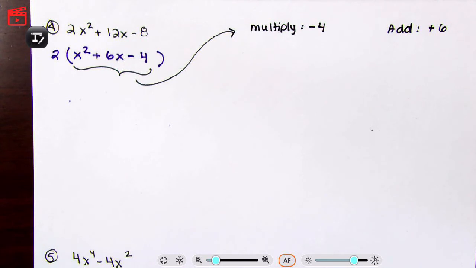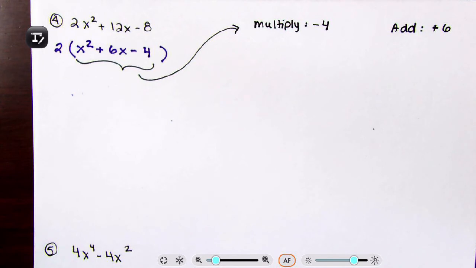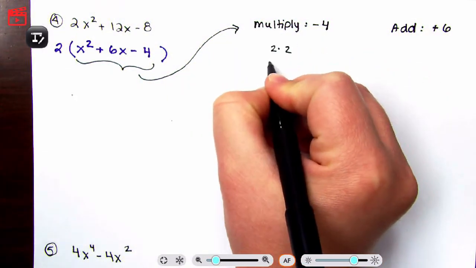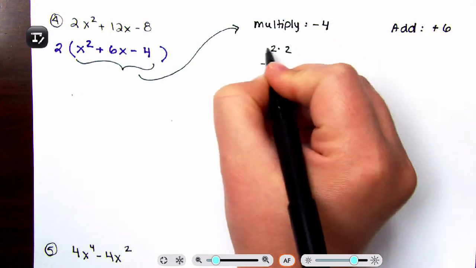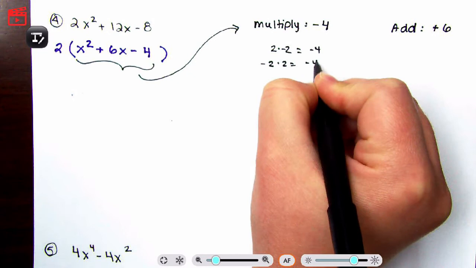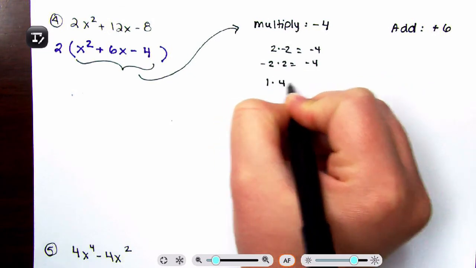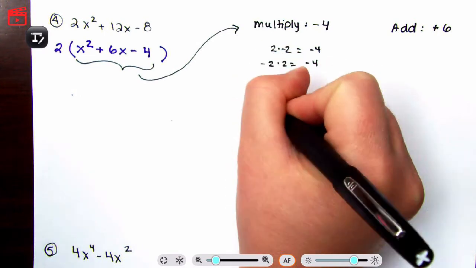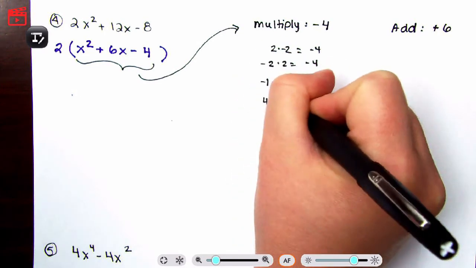All right, so let's double check and see if we can factor this out. Multiplying to 4, I have 2 times 2, 2 times negative 2. Oh, we want them negative, so one of them has to be negative. Then I have 1 times 4. Oh, one of them has to be negative: 4 times negative 1.